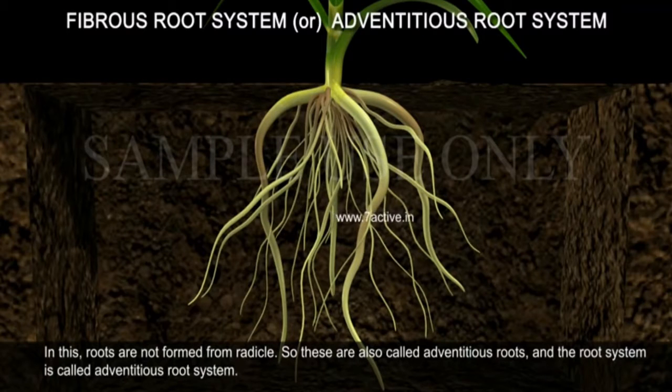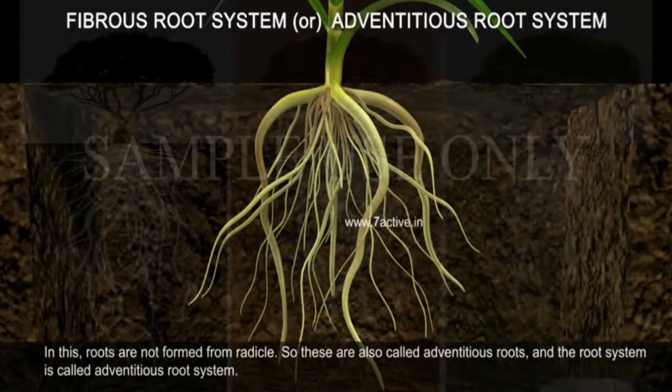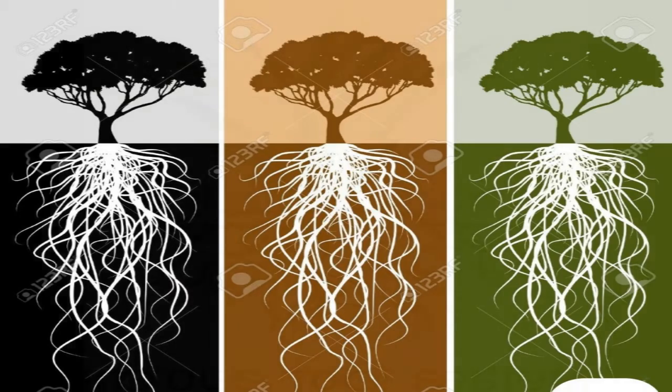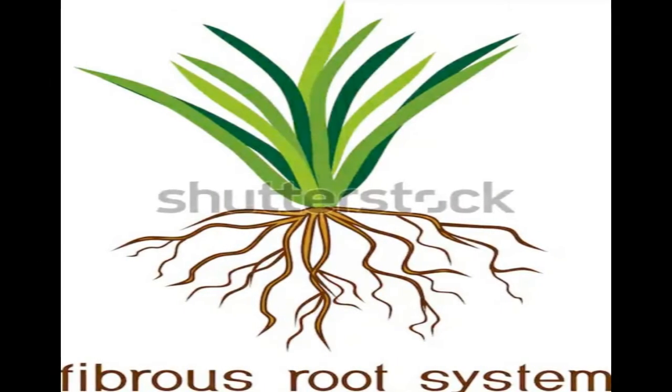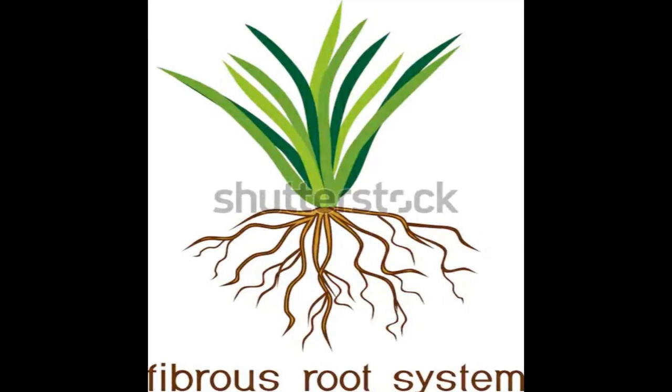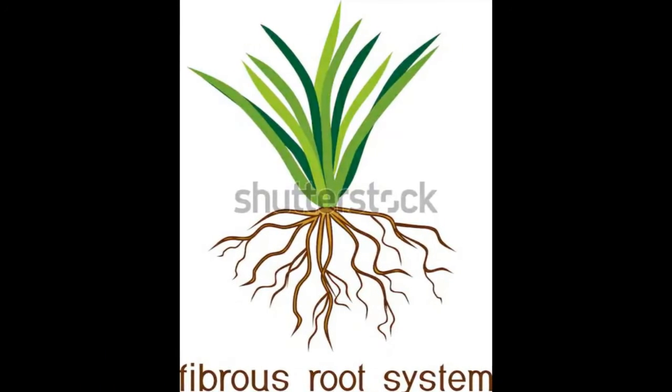All sizes are similar, with no main branch. That's why this is a fibrous root. If you have taken out grass from the soil, you must have seen that the roots are in the form of bunches. Wheat, rice and onion all contain fibrous root.